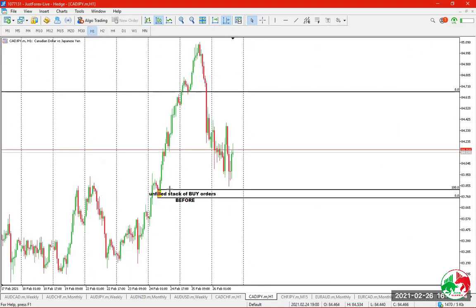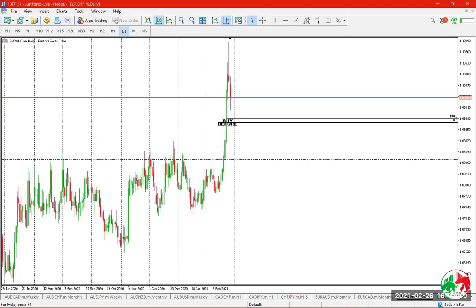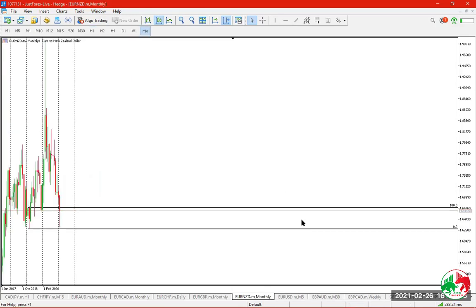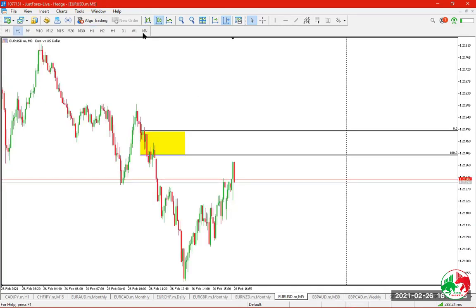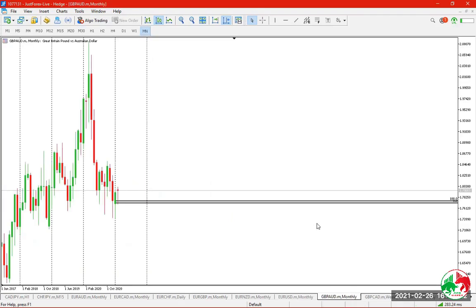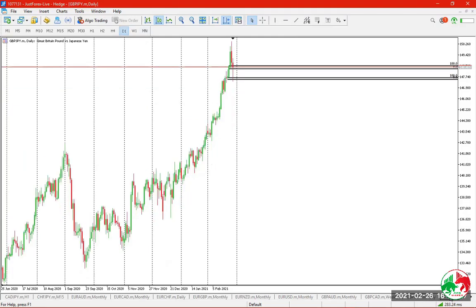This one almost triggered. I'm just looking for an example for a bullish scenario. Most of the pairs are bearish, you know.